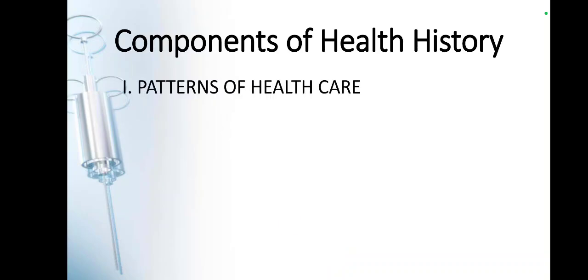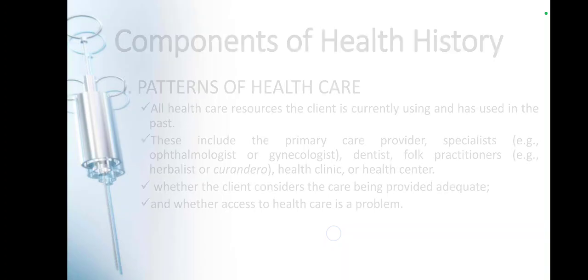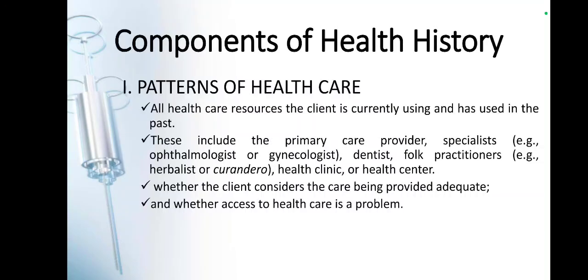Okay, so for the patterns of healthcare, this includes all healthcare resources that the client is currently using and has used in the past. This includes the primary care provider, health insurance, or if they have what they call a personal doctor, or if they visit community health centers.